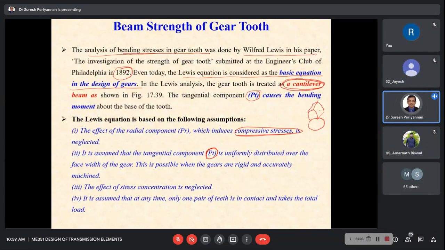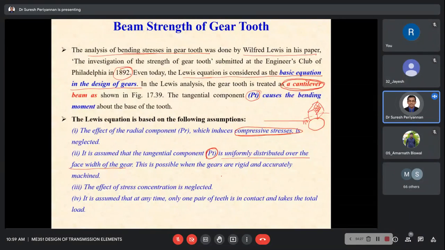This is the face width. This is now the pitch circle diameter. Now this is the face width. That is what we assumed, that the tangential component PT is uniformly distributed over the face width of the gear, this region.